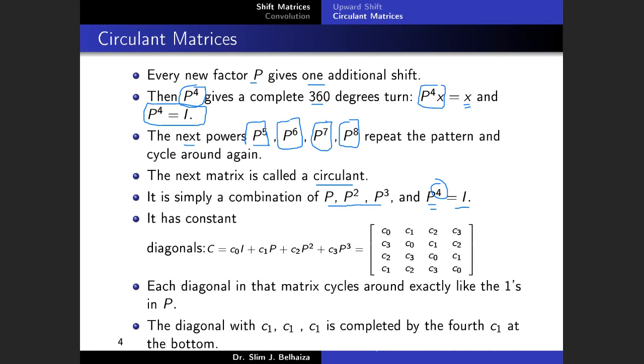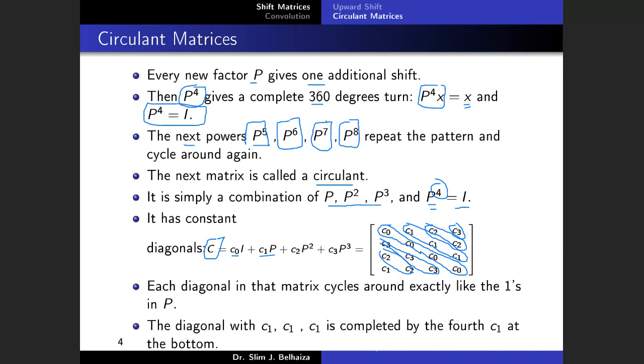If you consider C, capital C for circulant, it is C0 I, because you see that C0 happens to be on the main diagonal here, plus C1 P. You see that C1 is spread on the first upper diagonal. Then C2 P squared, and C3 P cubed, where C3 is spread on the first lower diagonal.